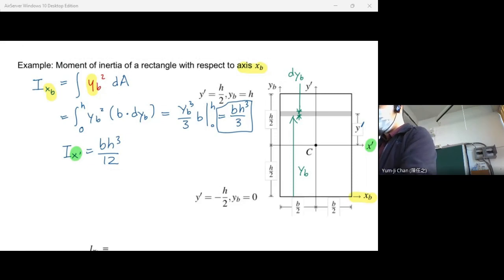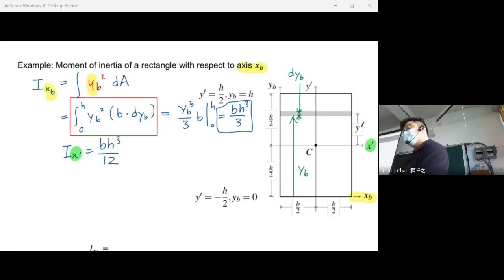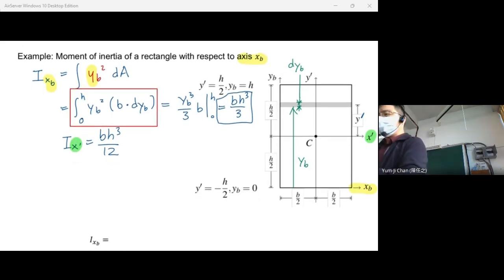We look at these four things. Now, because x prime and xb are parallel, can we write a relationship between yb and y prime? Yb and y prime. Let's look at here.